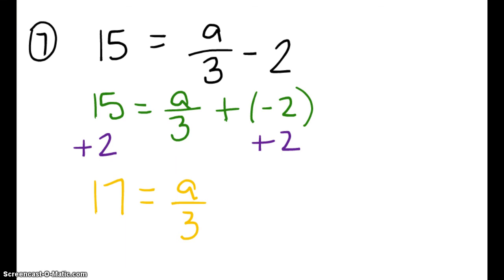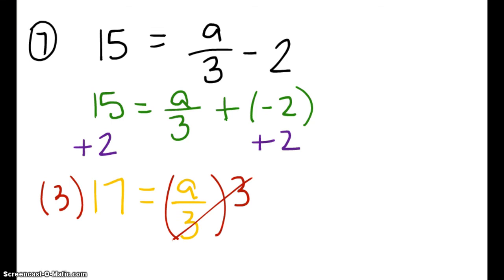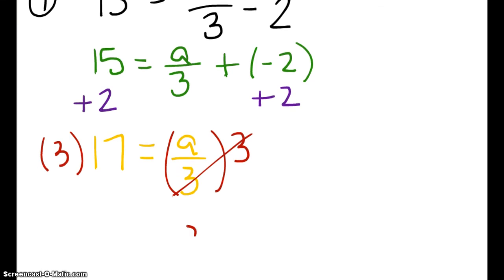So how do I get rid of the divide by 3? I've got to multiply both sides by 3. Because remember, those really just divide out. So we're left with a equals 17 times 3 is 41.